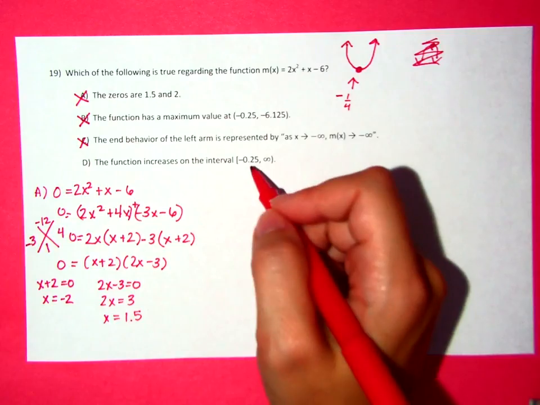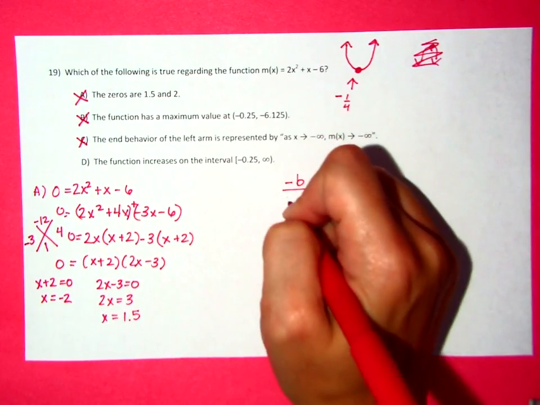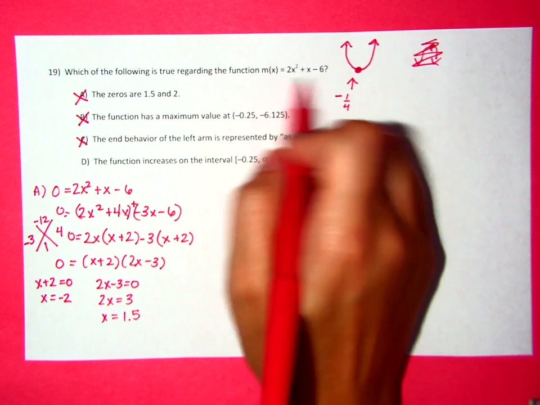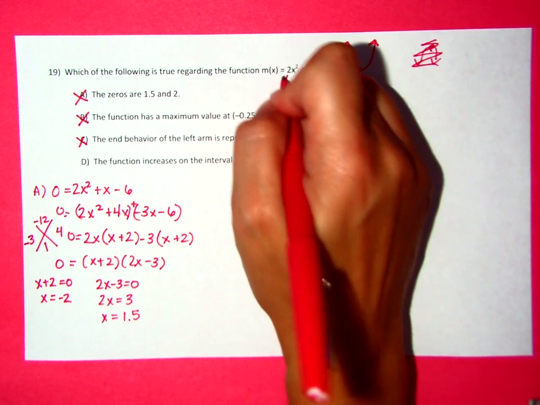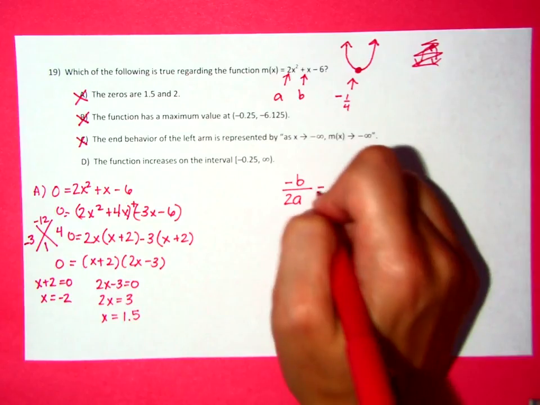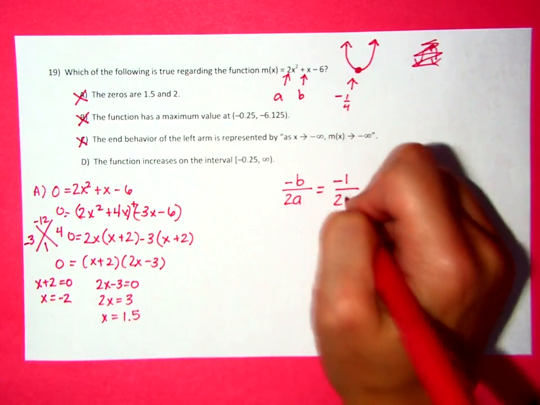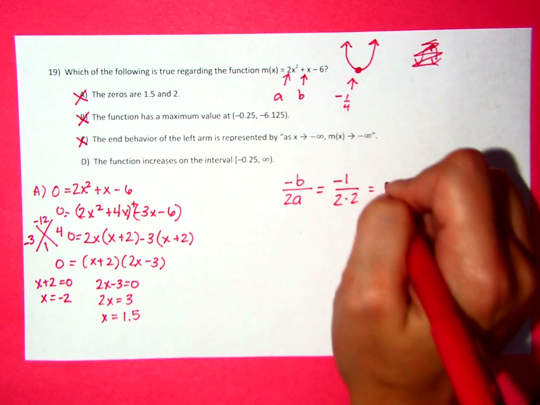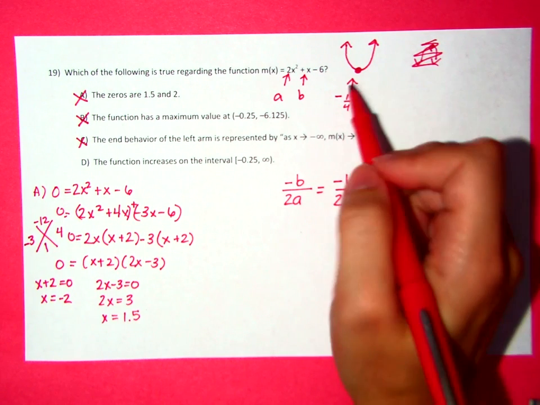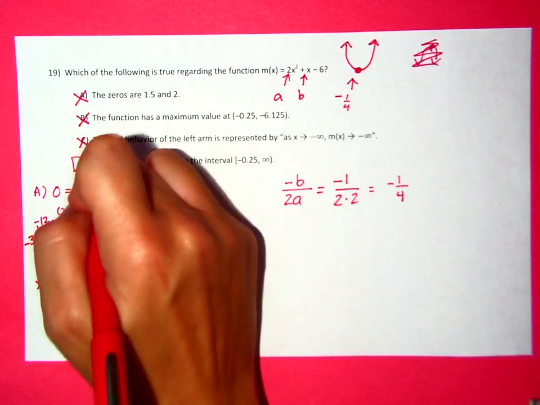To find the x value of the vertex, we're going to go back to the form negative b over 2a, because this is in standard form. I know that this is my a, and this number right here, the 1, is going to be my b. So let's plug it in. It's negative the value of b, so negative 1, over 2 times the a. The a is 2, which is negative 1/4. So yeah, at negative 1/4 to forever to the right, it is increasing. That confirms my answer choice D.